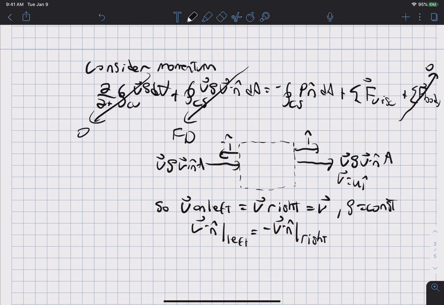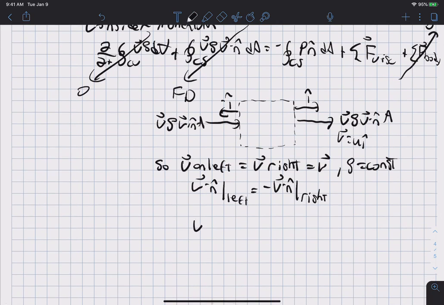Okay, so this implies that the integral of rho v dot n hat times area on the left, plus the integral of rho v dot n hat times area on the right, equals 0.